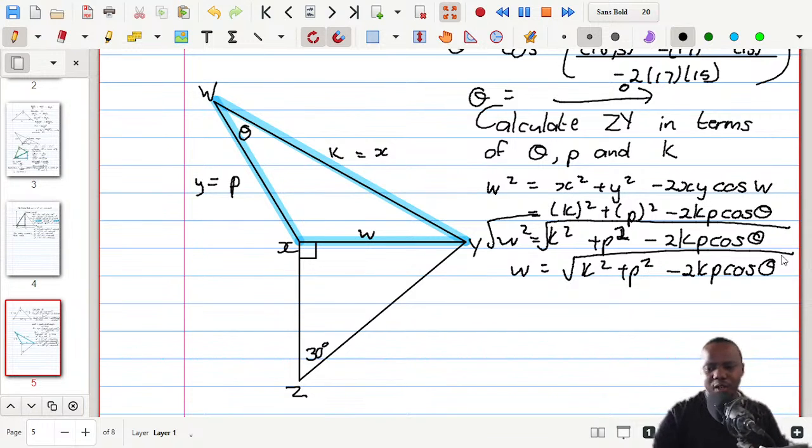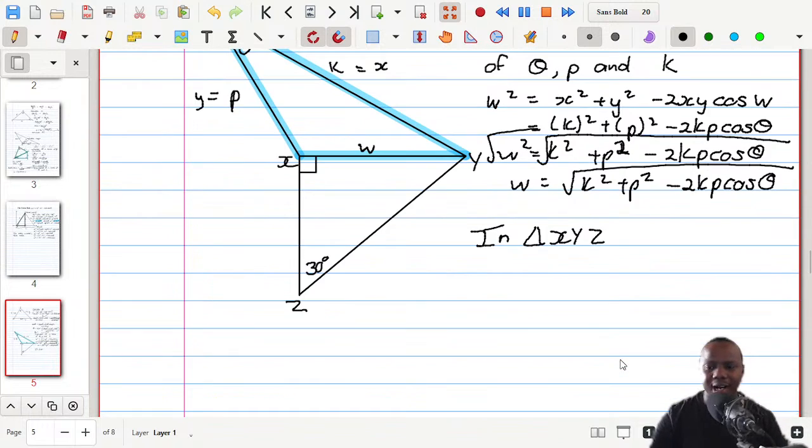Now that we have w, we can actually go over to triangle XYZ. So in triangle XYZ, the question said we need to calculate ZY. Since we have w, let me just highlight the triangle that we have. So this is XYZ.